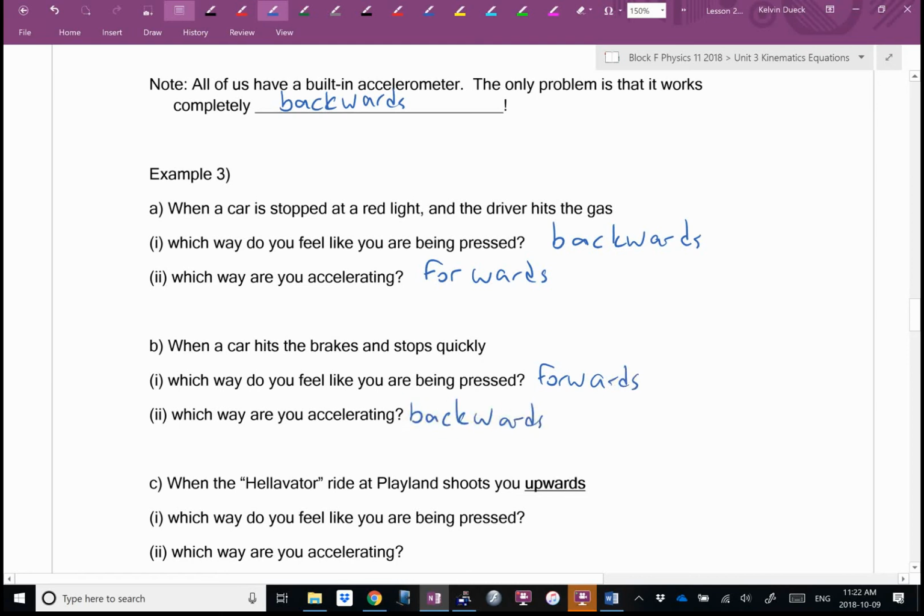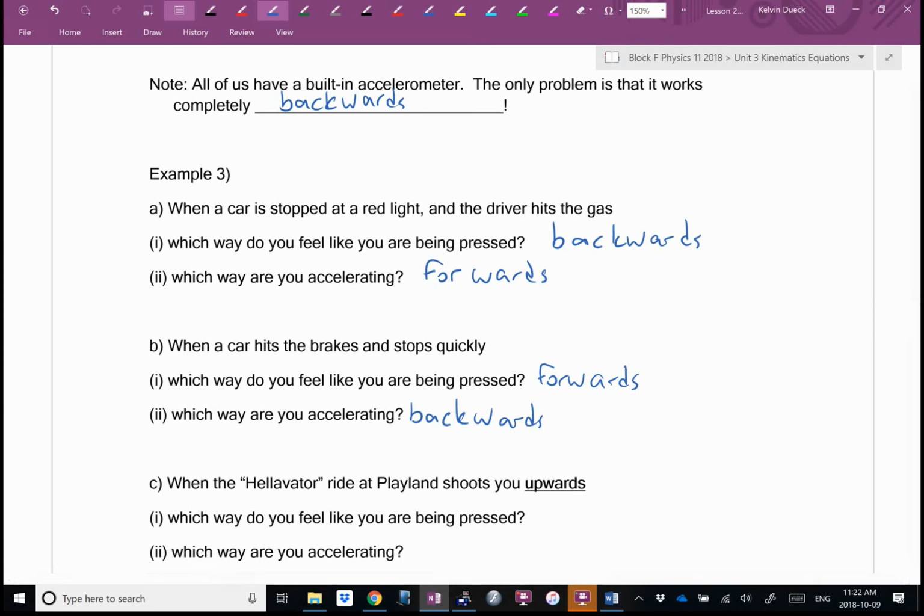So if you're ever doing a question on a test or in the homework and it asks you to talk about the direction of the acceleration, just imagine that you're on that ride. Ask, which way am I getting pushed? It's the opposite direction, I'm telling you.